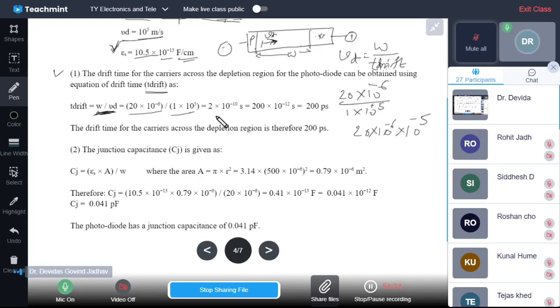So 20 × 10 raised to minus 11, which you can write as 200 × 10 raised to minus 12.